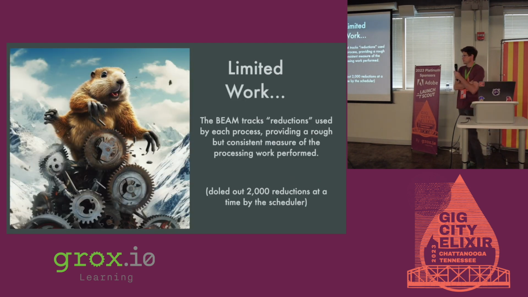Now, something a little more interesting is that the BEAM itself has this idea of reductions, which are somewhat analogous to the amount of work that a system is doing. It's how the virtual machine tracks a measure of work. And as you might have heard earlier, a scheduler doles out 2,000 reductions at a time.